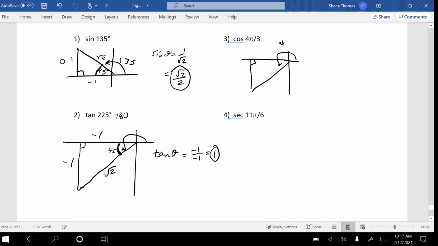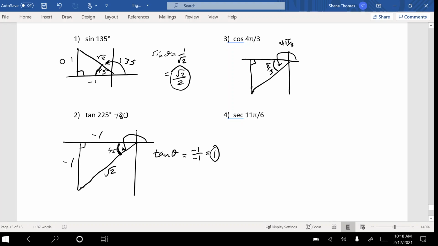To find my reference angle, what do I need to do? Subtract what from 4/3 pi? I subtract pi. So 4/3 is 1 and 1/3, correct? So 1 and 1/3 minus 1 is going to be 1/3. So this would be pi over 3.